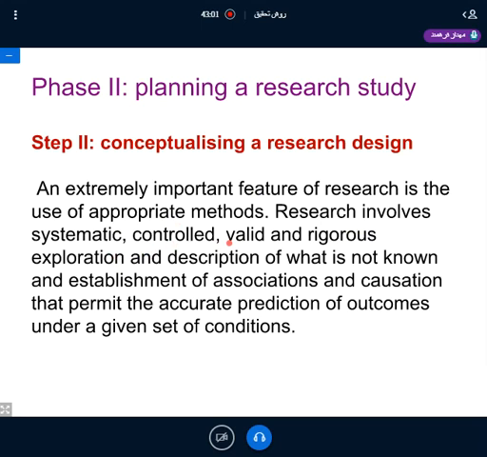Research involves systematic control, valid and rigorous exploration and description of what is not known, and establishment of associations and causation that permit the accurate prediction of outcomes under a given set of conditions.